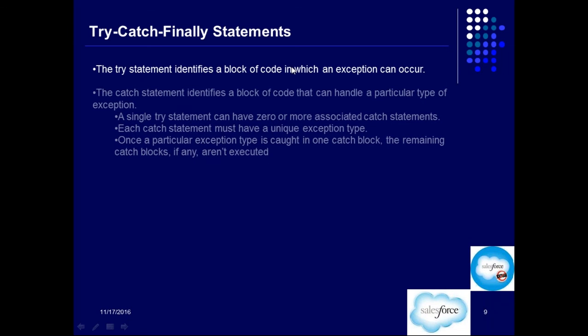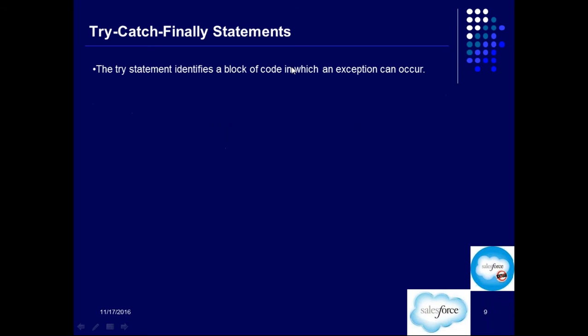So let's quickly understand this try catch finally. The try statement identifies a block of code in which an exception can occur. So if you are expecting an exception to occur in one particular piece of code, that code can be written inside the try statement. For the catch statements, let's say you are expecting the error to come when a record is being entered.